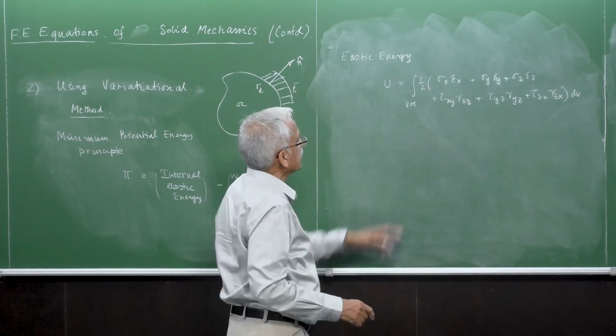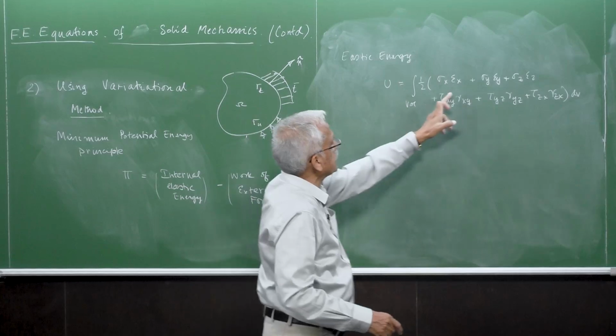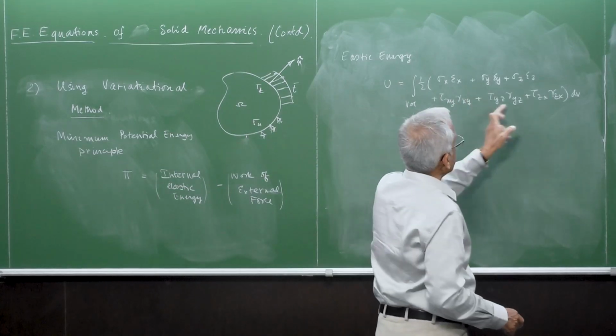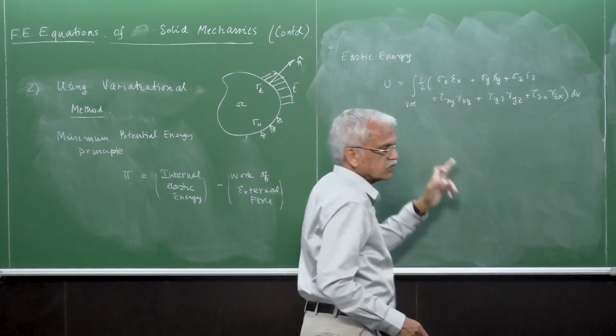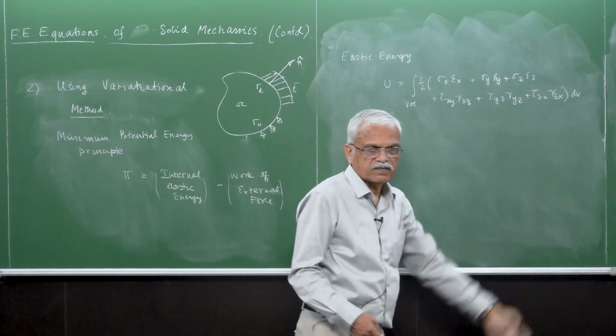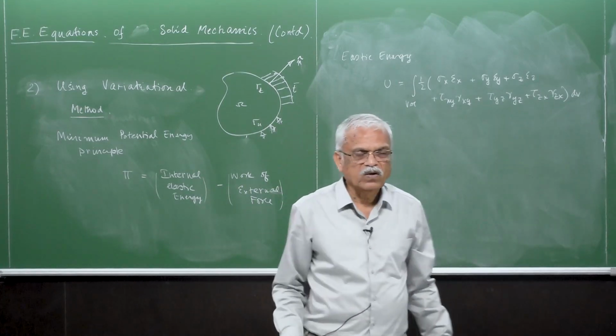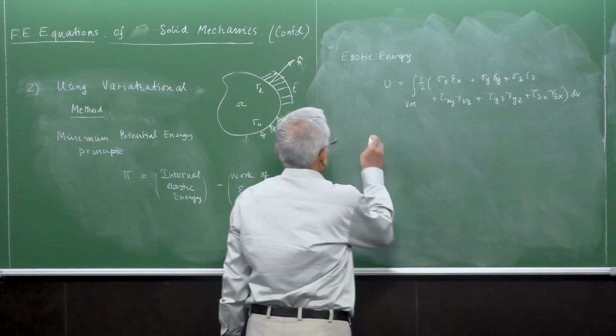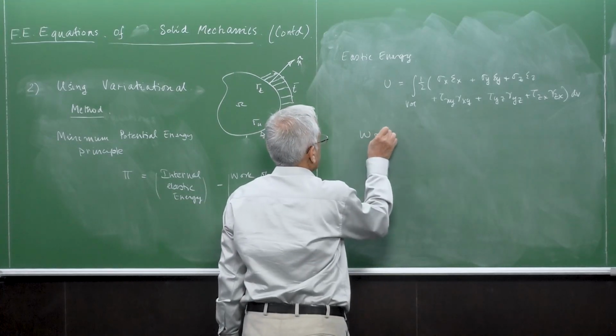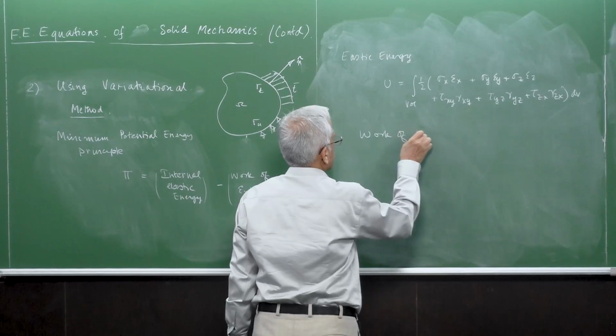This is the energy density at any point, and then you integrate it over the volume. So here we are using dV, otherwise we could have used omega also. Okay, then the other term, the work of external forces.